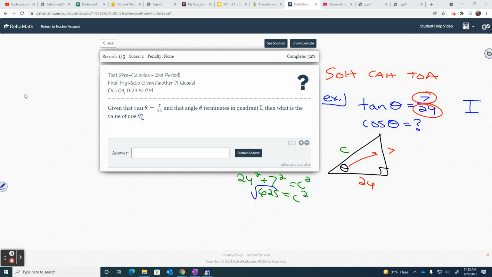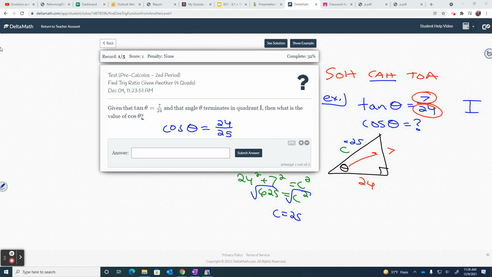And then we'll take the square root, and it will be a nice even number. C is 25. Now we've got our third side, we can answer the question. What is the cosine? Cosine is adjacent over hypotenuse. So the cosine of theta, the adjacent is 24, the hypotenuse is 25.